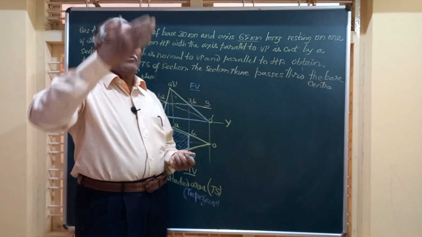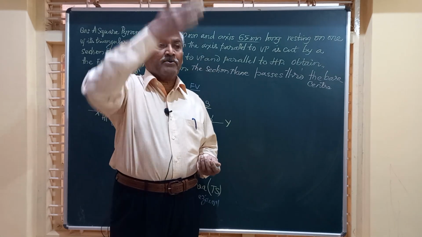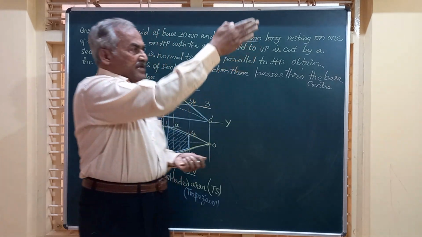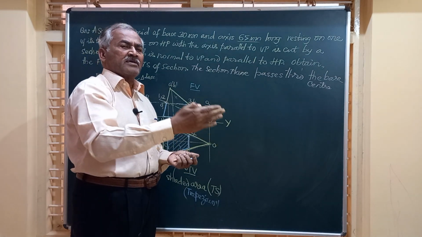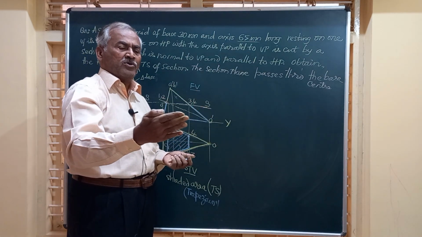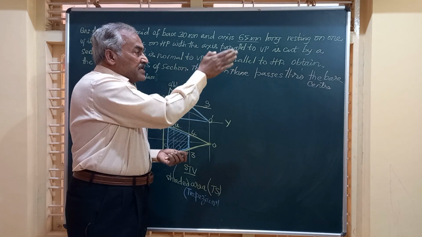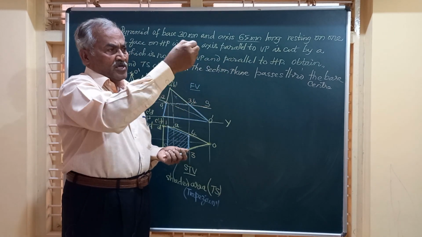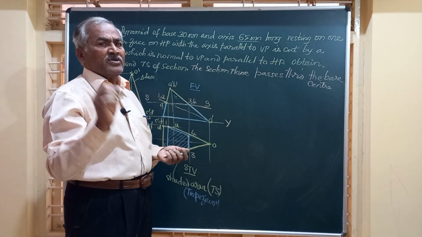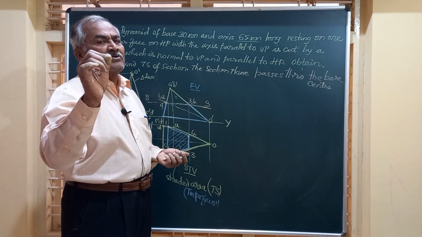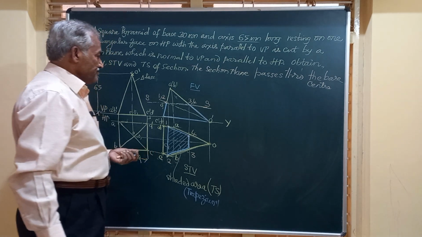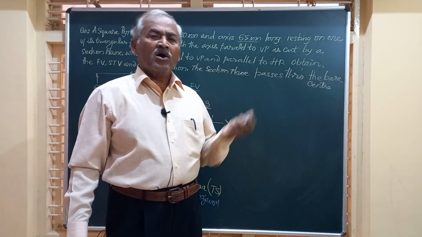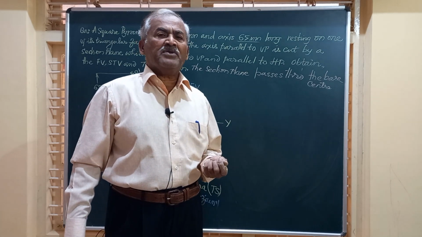Similarly, friends, whenever a solid is cut by a vertical section plane which is parallel to VP, whether it is a pyramid, a prism or a cube, whatever it may be, whatever the area you get in the front view, that is the sectional front view, hatched in the figure will represent the true shape of the section. Friends, I hope the presentation was interesting on this section of a square pyramid.